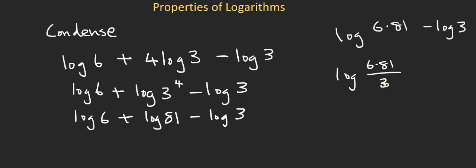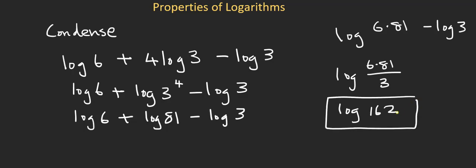You could simplify this. So 6 divided by 3 is 2, and 2 times 81 is 162. So log of 162. Of course, the base is 10, but you could just say log of 162.